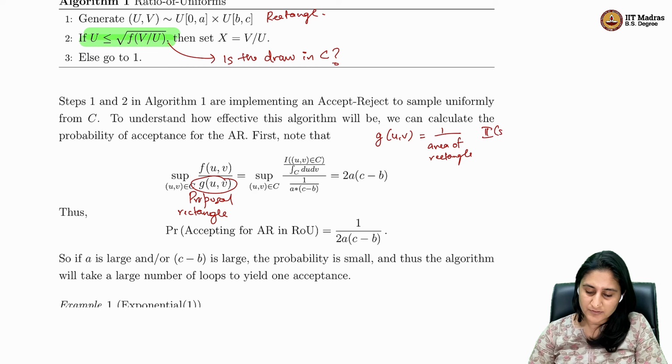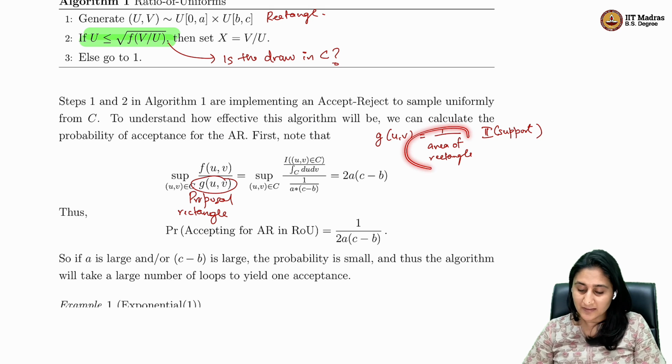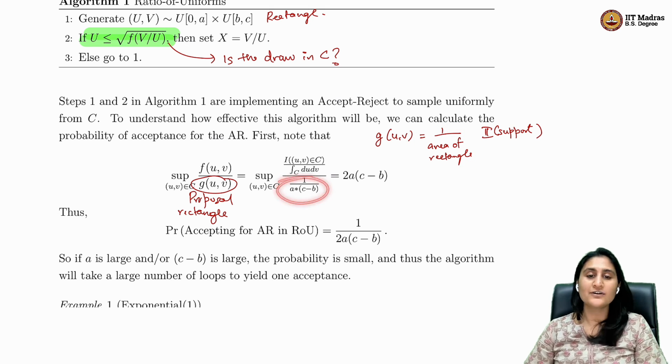times the indicator that U and V are inside the rectangle. But what is the area of the rectangle? The area of the rectangle is nothing but A times C minus B, because those are the sides of the rectangle.